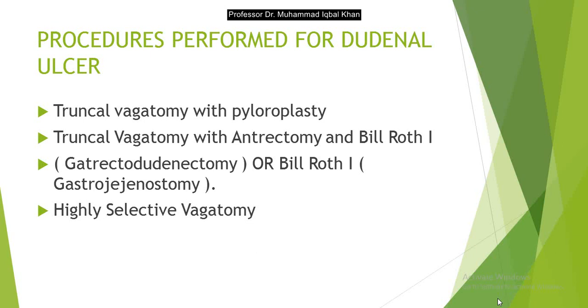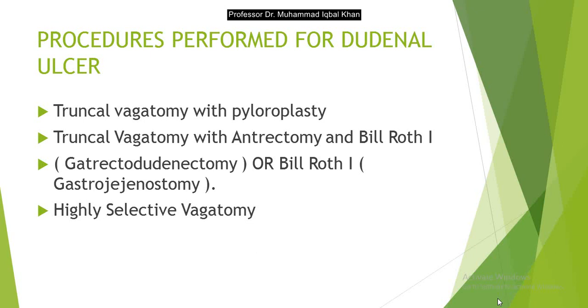Once the duodenum is anastomosed with the proximal stomach, that is called Billroth 1 gastroduodenostomy. Sorry, the next one is the Billroth 2 procedure, which is gastrojejunostomy. It is not Billroth 1, mistakenly it was written there.